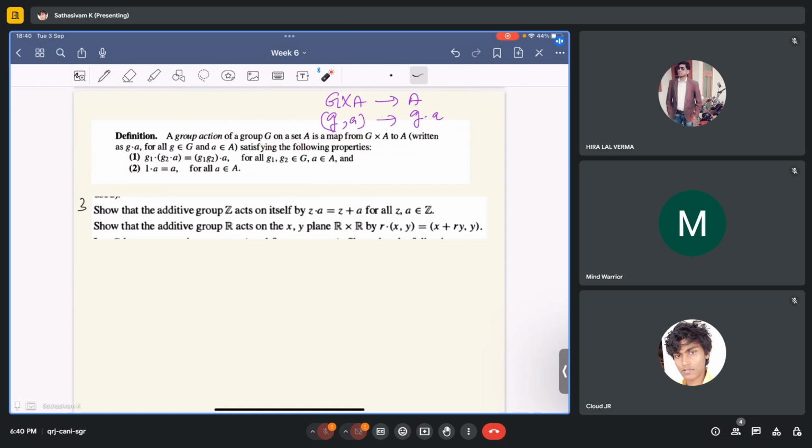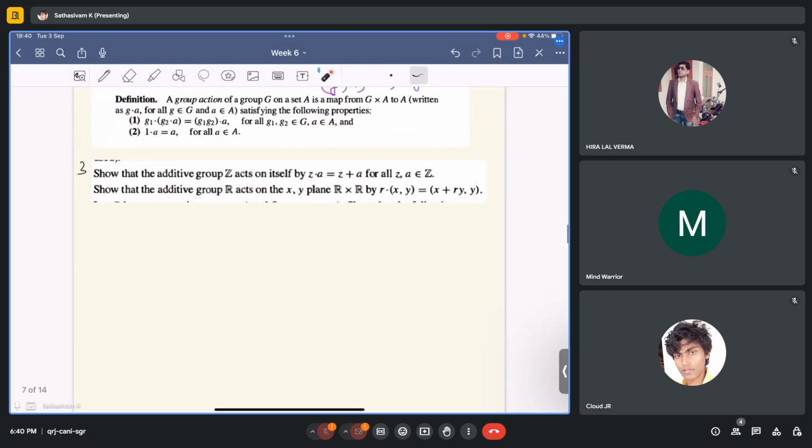So let's prove this. We have the additive group Z, and it acts on itself by this particular action, and we want to say that this is a group action. But let's first observe what it is actually telling.